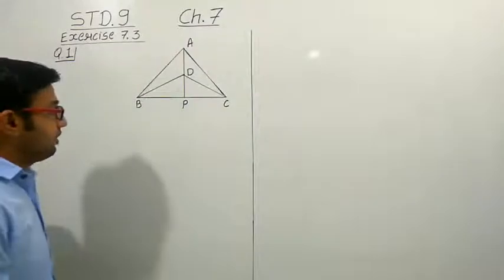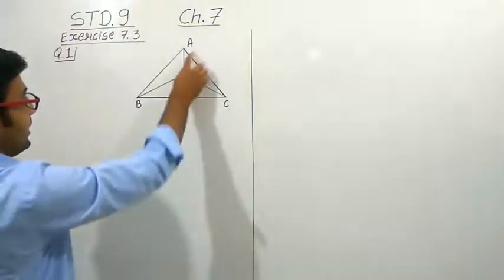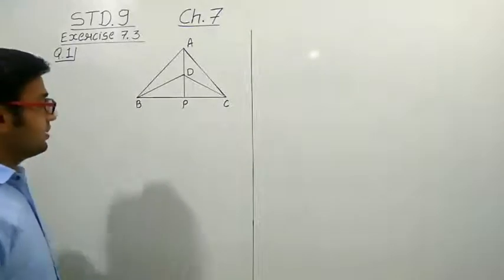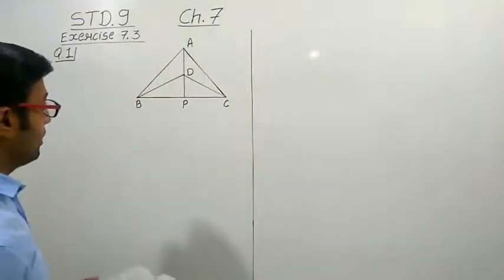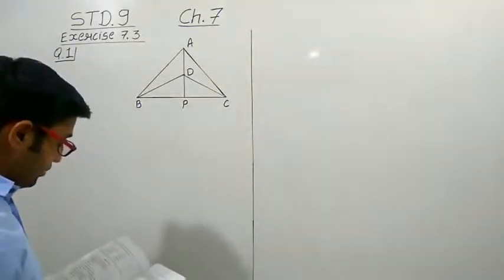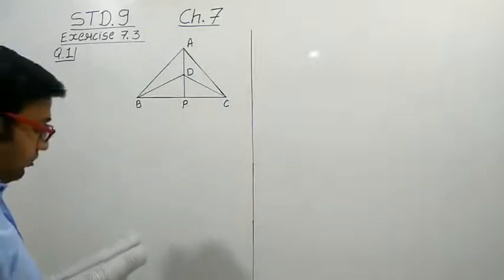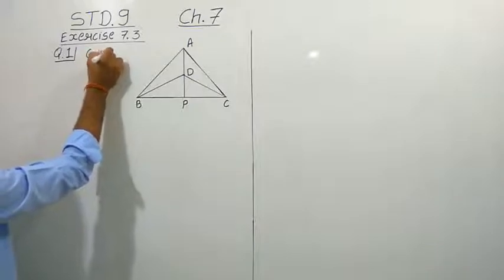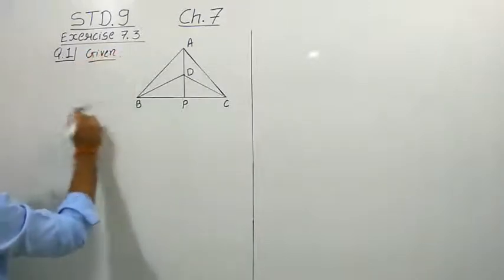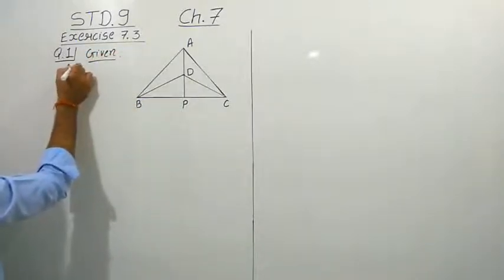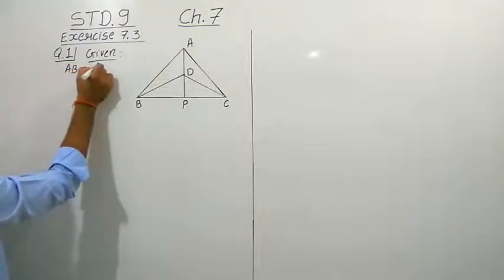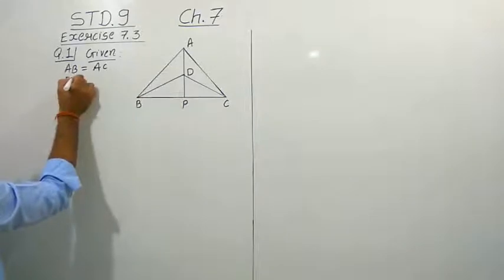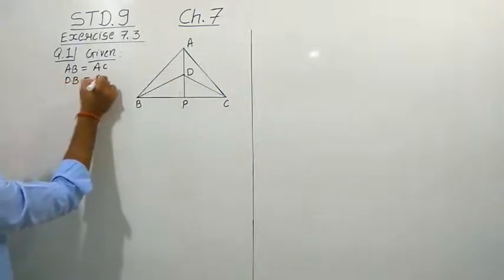So here we are given that the two triangles ABC and DBC are both isosceles triangles. So here we can write down the given condition as AB is equal to AC and DB is equal to DC.